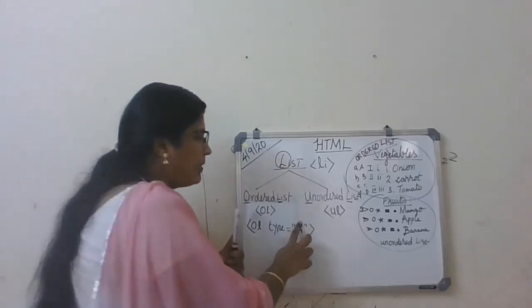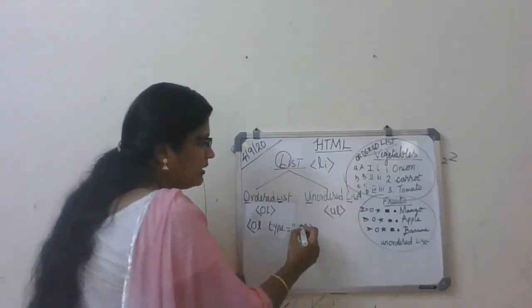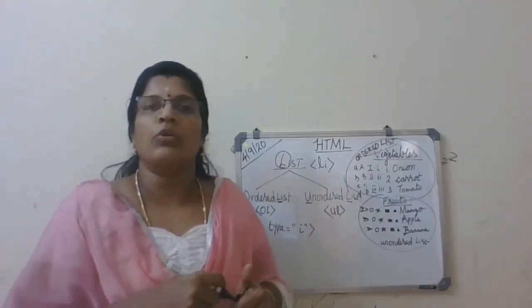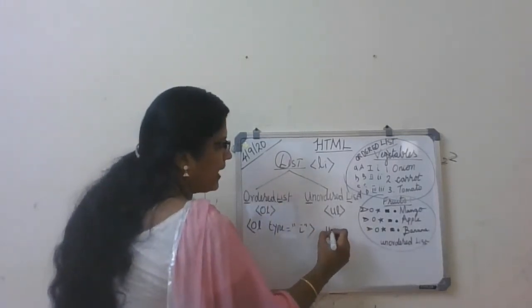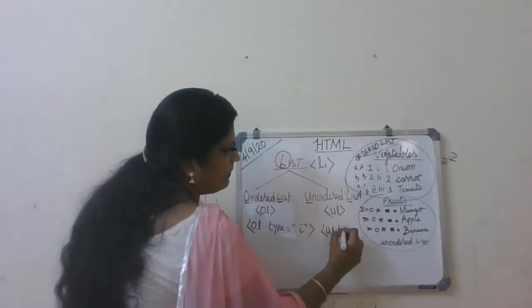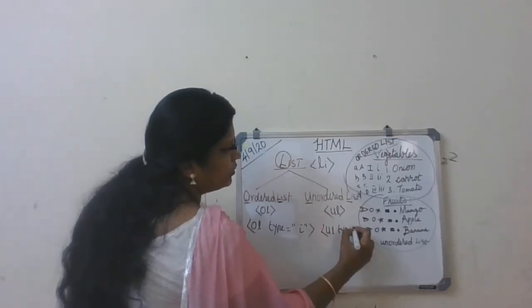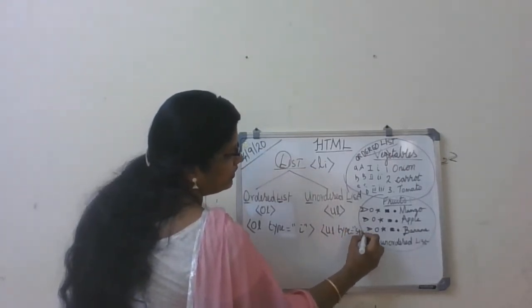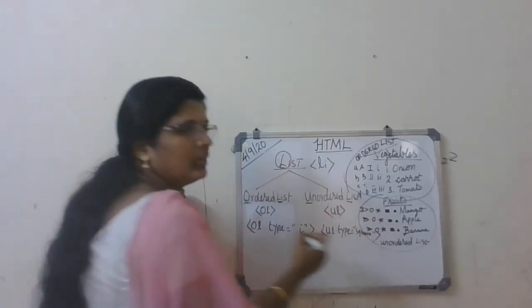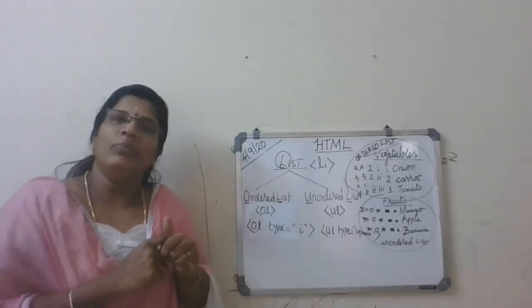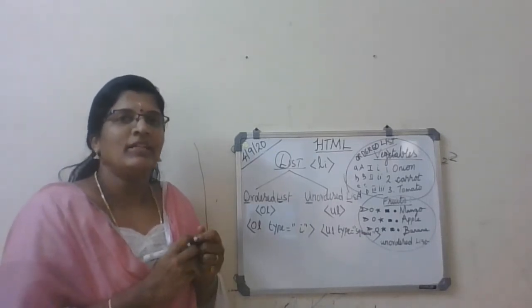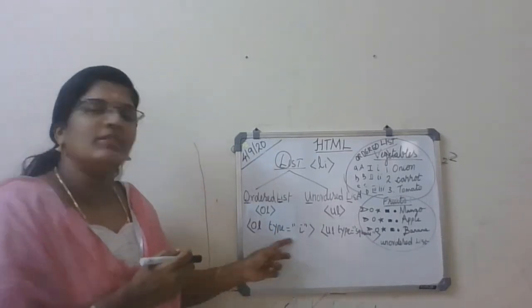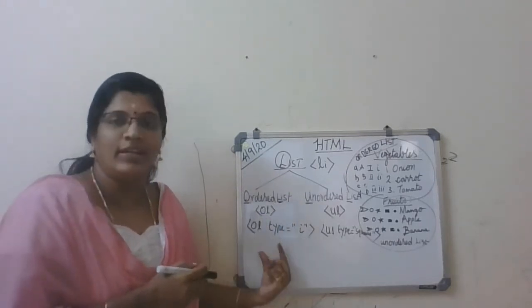If you give a Roman number, everything will be listed out in Roman numbers. Similarly here, UL type is equal to square. So everything will be listed out with a square. Got it? This is the first tag we have to write for a list.